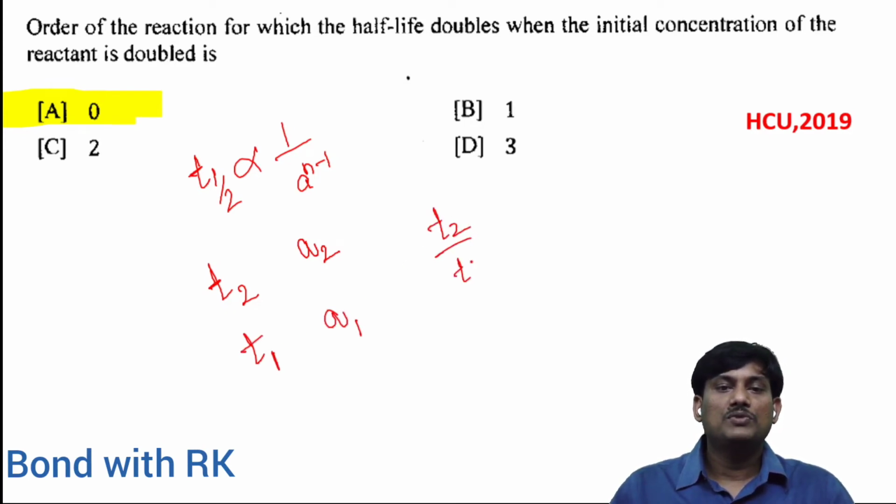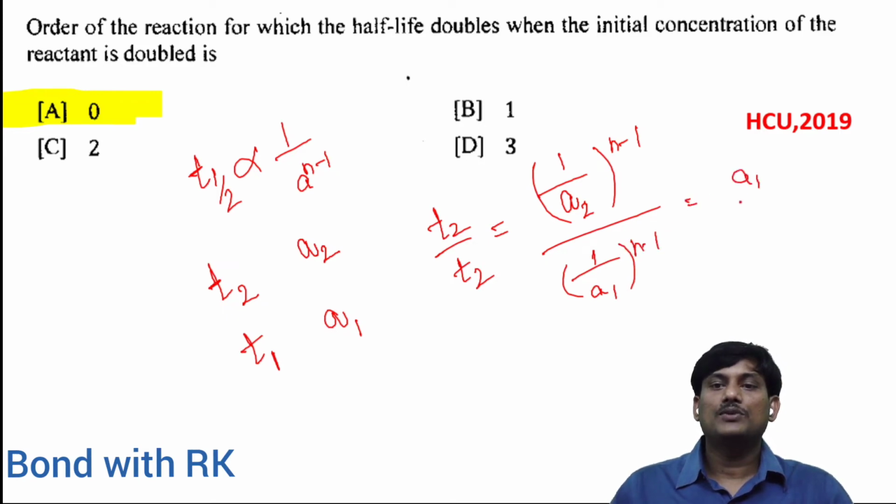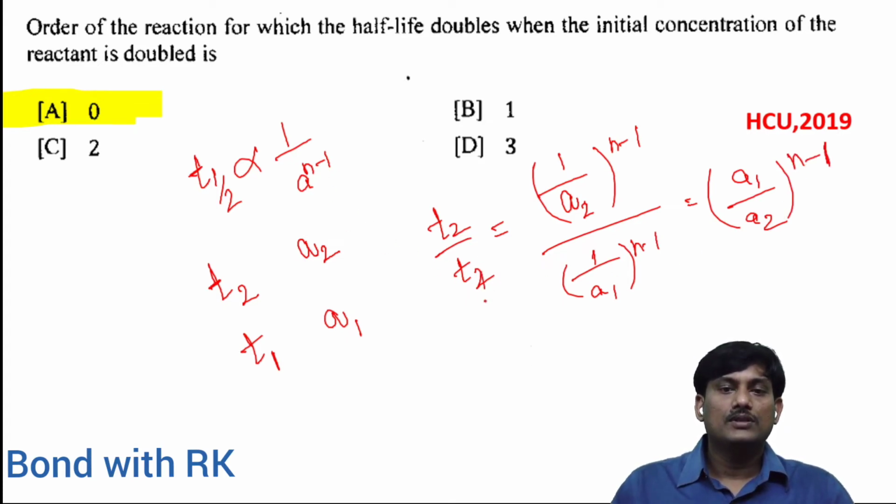Let's take the ratio between T2 by T1. It will be equal to 1 by A2 power of n minus 1 divided by 1 by A1 power of n minus 1. It will be equal to A1 by A2 power of n minus 1.